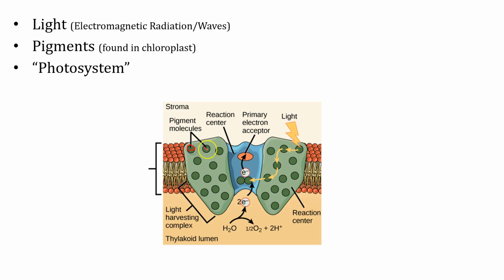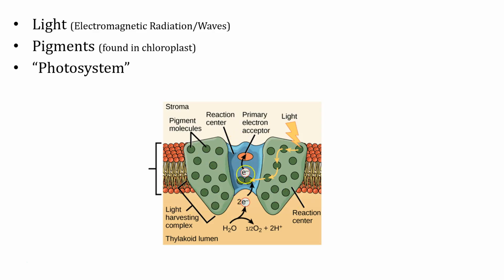Basically, there's a whole bunch of little pigment molecules, and light will strike onto these pigment molecules. The main thing that happens in a photosystem is that as light is striking all of these pigments, they're all getting excited.